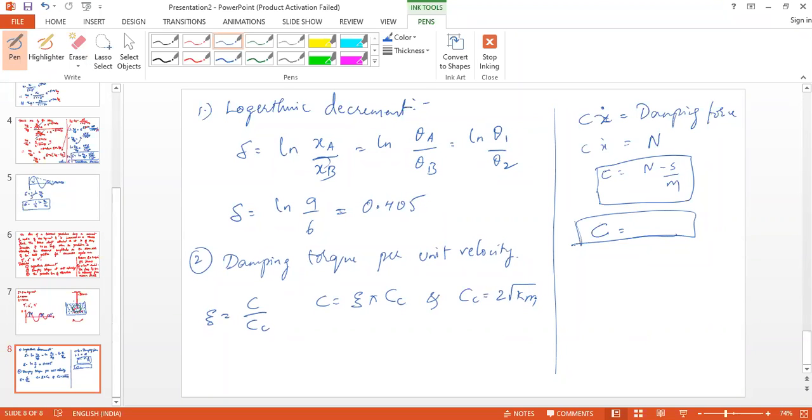This we have seen in the last class, right? This is for a linear system. For a rotary system, Cc will become 2 root Kt J. K is the linear stiffness and Kt is the torsional stiffness, M is the mass and J is the mass moment of inertia.